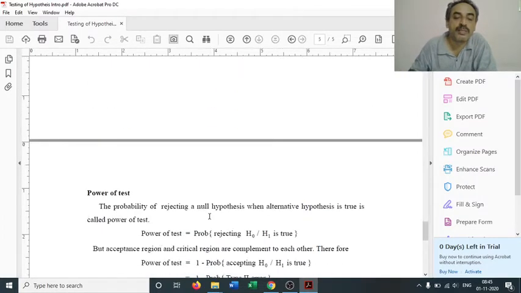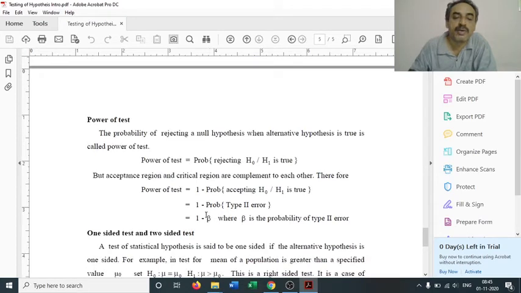Likewise, we have another term called power of test. Power of test is also a probability. It is the probability of rejecting H0 when H1 is true. We note that rejecting H0 when H1 is true is a good action, so its probability is considered as the power of test. At the same time, rejecting H0 when H1 is true is the complement of accepting H0 when H1 is true.